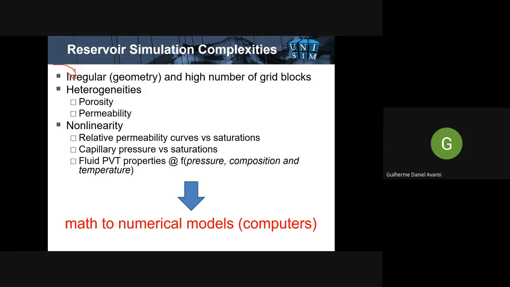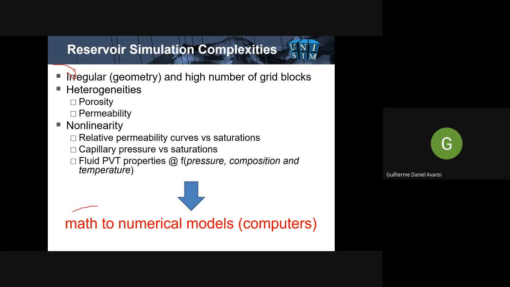And we are talking now about non-linearity. We are not talking about linearity that is easily solved by the normal mathematical formulations. So with this non-linearity, we are talking about relative permeability curves against saturation, capillary pressures versus saturations, and fluid PVT properties. Properties are a function of pressure, composition, and also temperature.